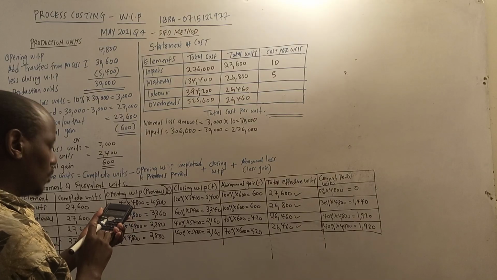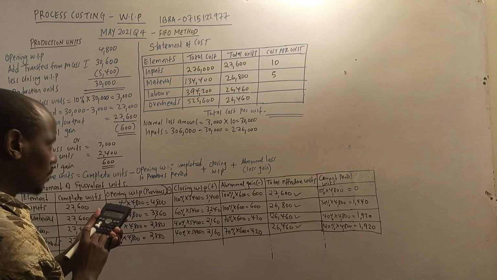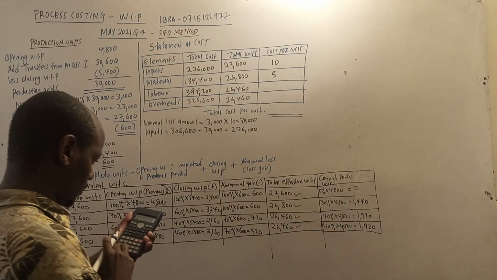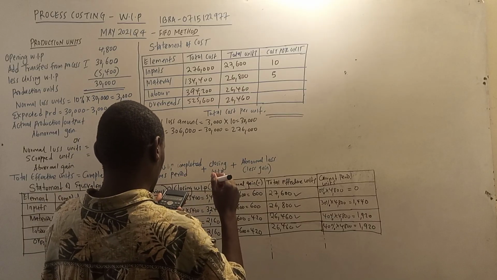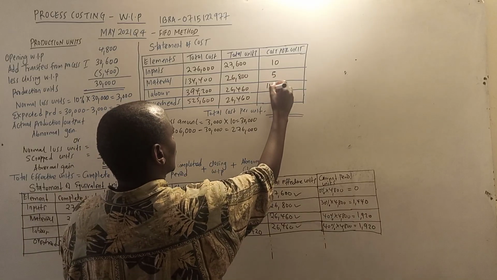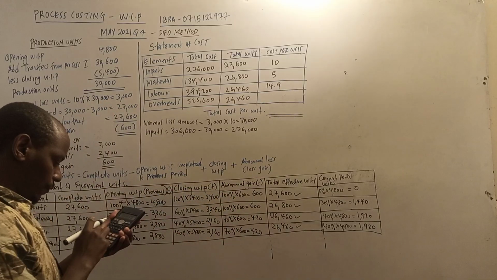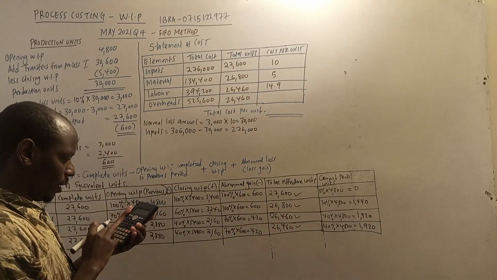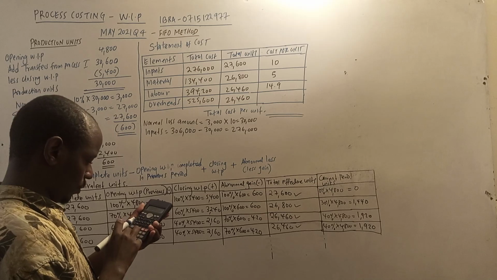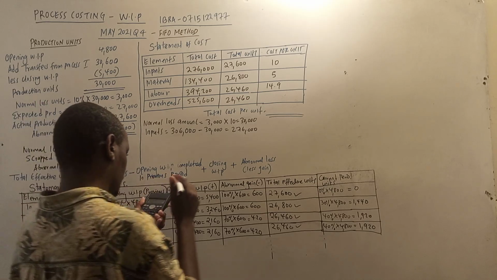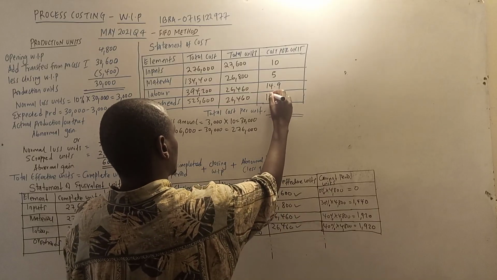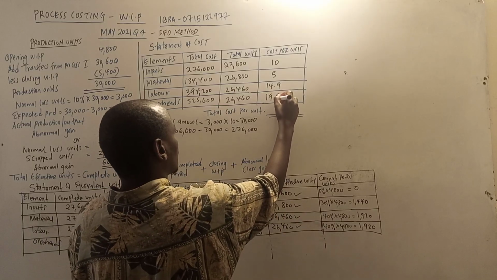So 394,200 divided by 26,460 is 14.89, so that is 14.9. Then 525,600 divided by 26,460 is 19.9.